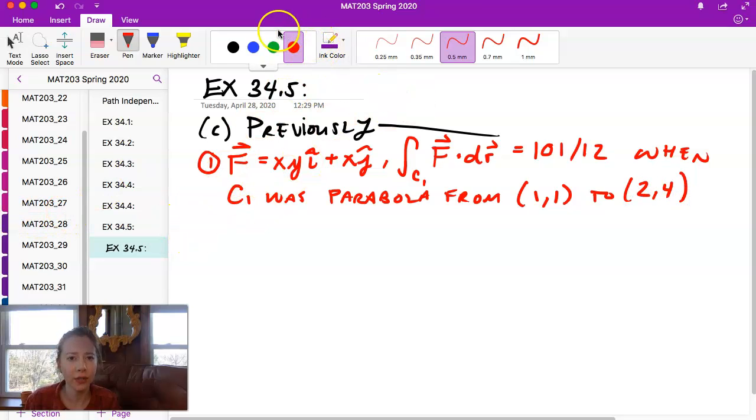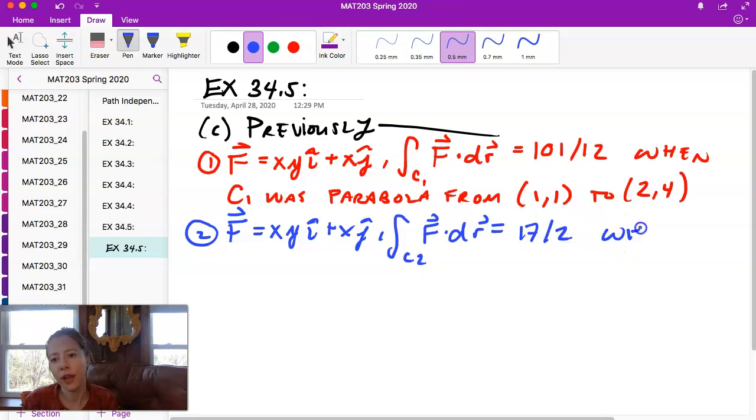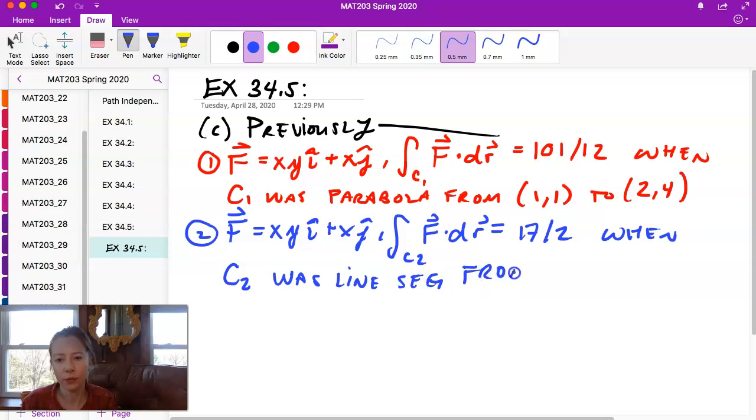And we have also found that for the same vector field, over another curve, we found that that was 17 over 2 when C sub 2, this other curve, was the line segment from 1, 1 to 2, 4.